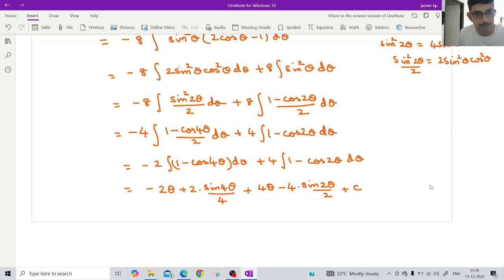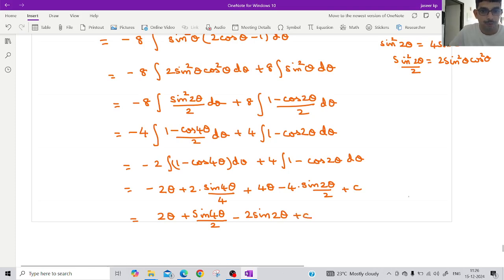So 4 theta minus 2 theta, that is 2 theta plus sin 4 theta by 2, then minus 2 sin 2 theta plus c. So now we want to write in terms of x.